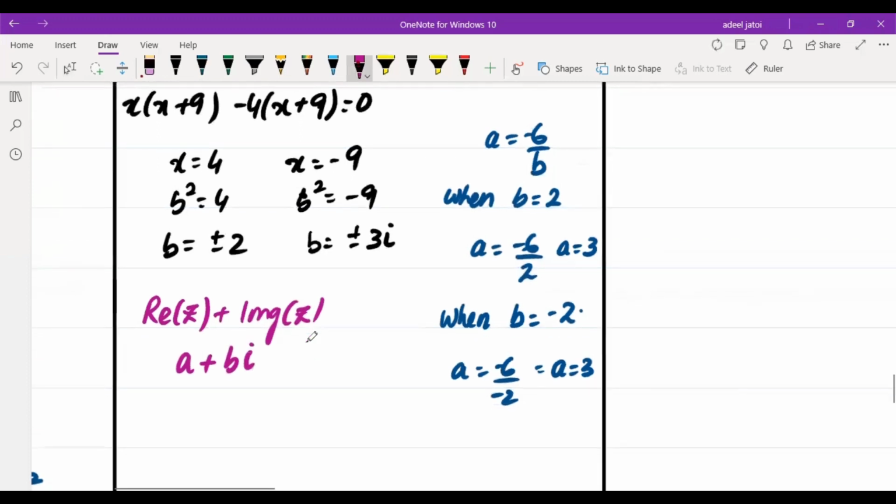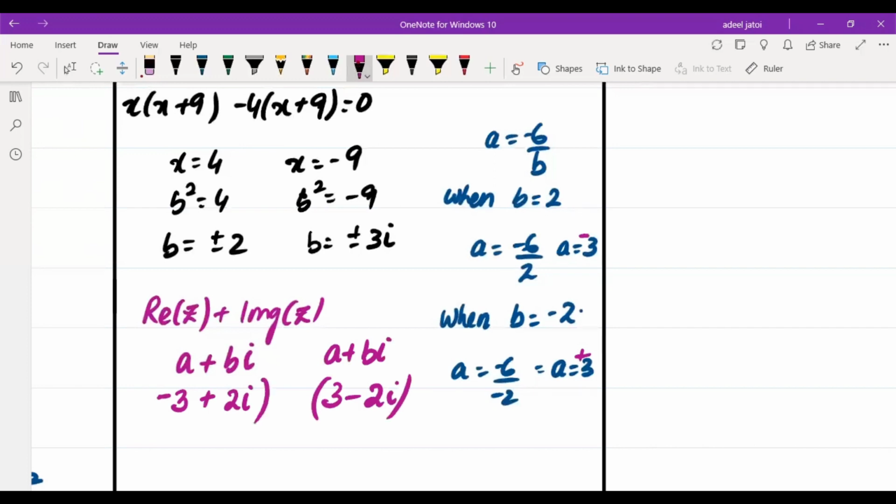So when b was 2, a becomes minus 3. So this is minus 3 plus 2 iota, right? This is negative and this is positive. And when b is negative 2, a is 3, so a plus b iota means that we have 3 minus 2 iota.